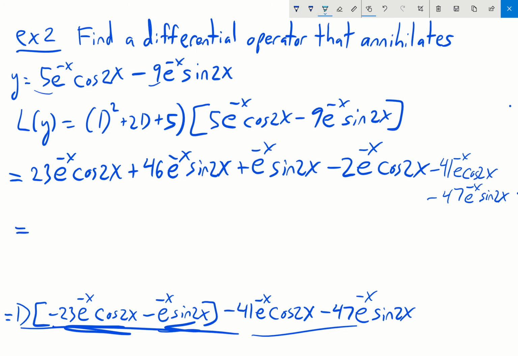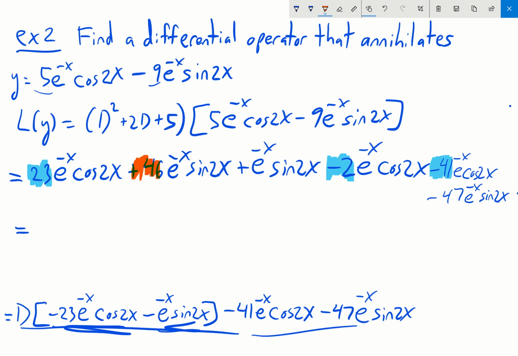And let's go ahead and combine like terms. Let's start with the e to the negative x cosine of 2x terms first. There's one here, and one here. Well, that's a dud. They don't combine. Hold on one second.